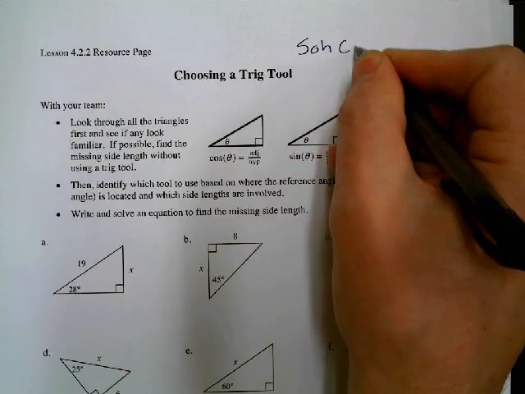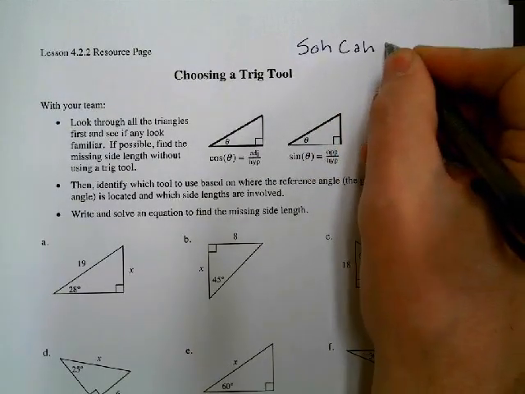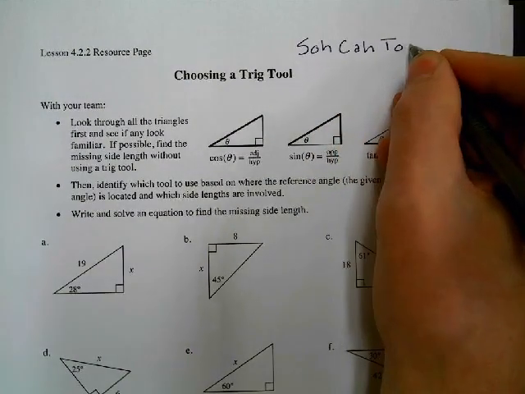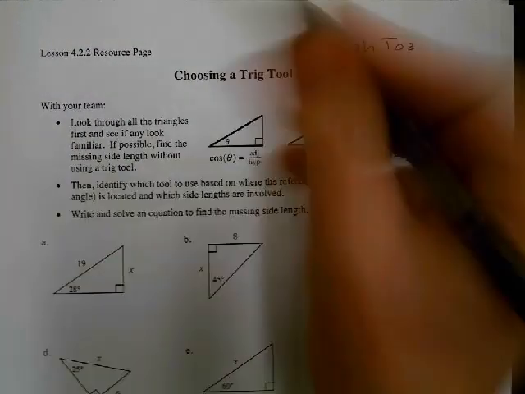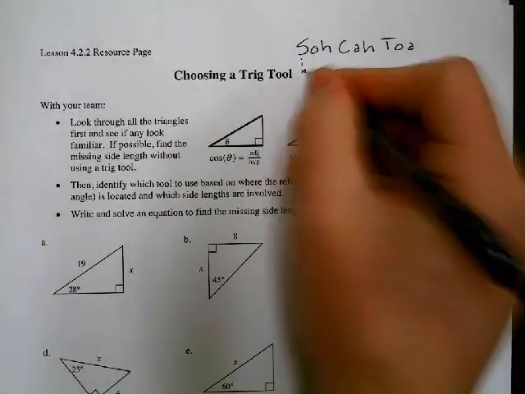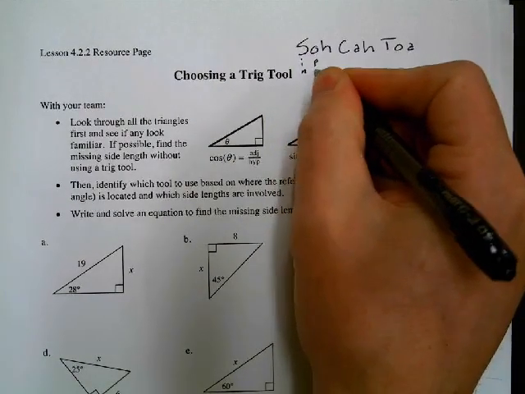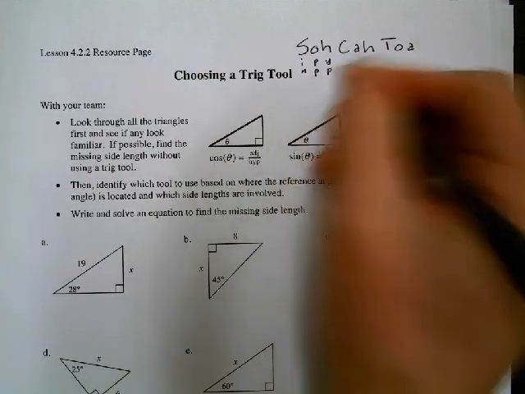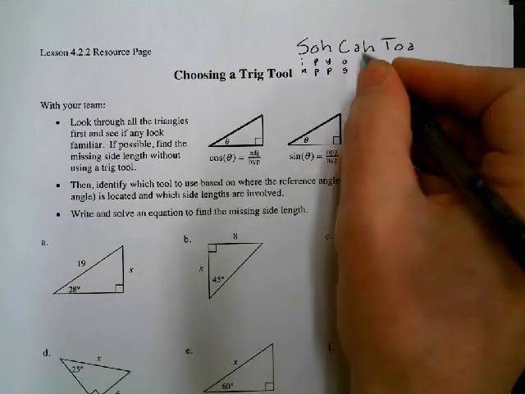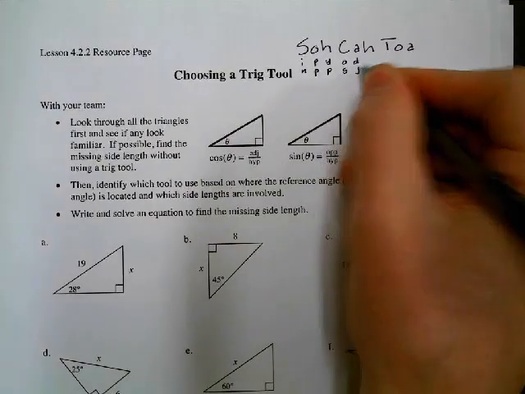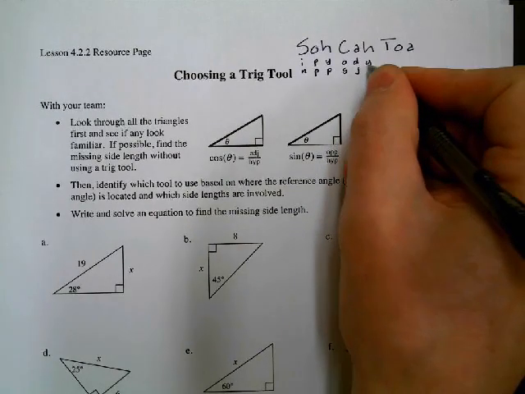SOH CAH TOA. And this is just a mnemonic device to help you remember that the sine is the opposite over the hypotenuse. That's the SOH. The cosine is the adjacent over the hypotenuse.